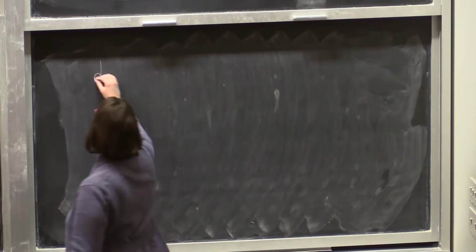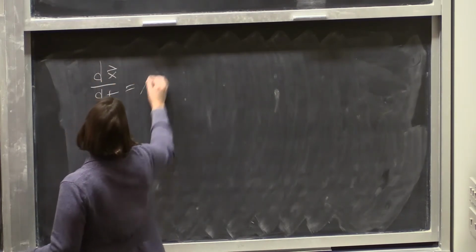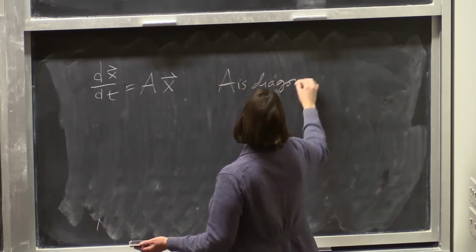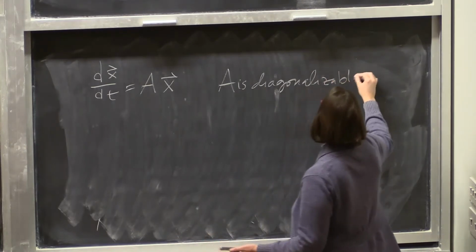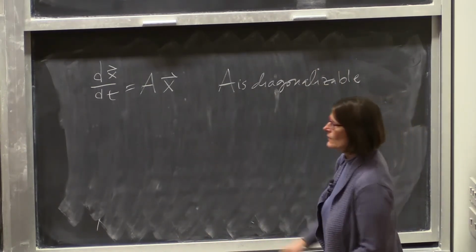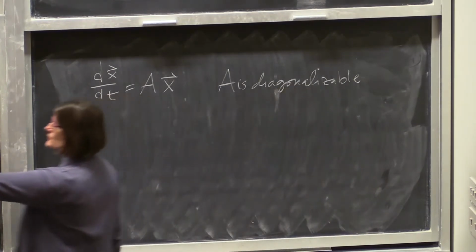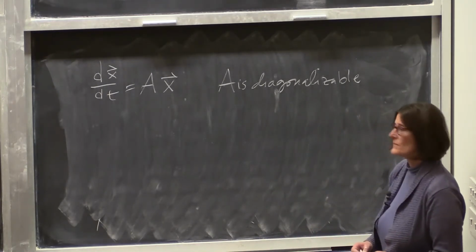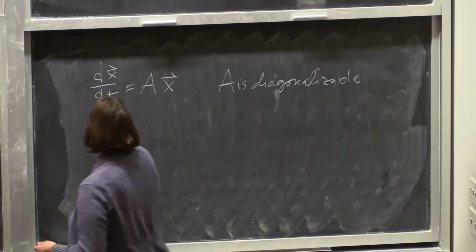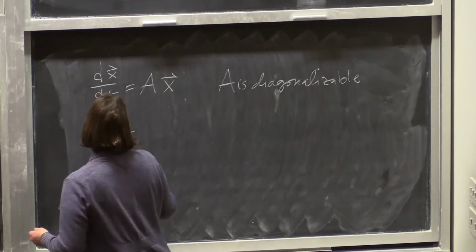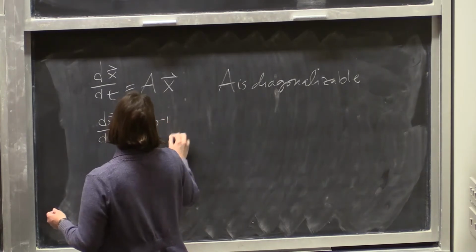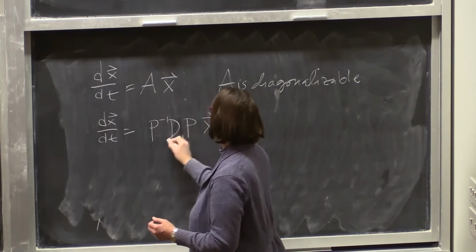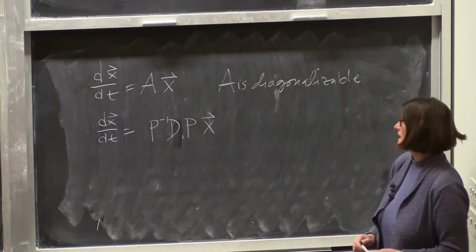If you're given dx/dt equals A times x, and A is diagonalizable, maybe we can somehow leverage this. Use the fact that at least we can solve it easily when it's a diagonal problem. So we have that dx/dt is equal to P inverse A P times x. Right here I used the fact that A is diagonalizable.